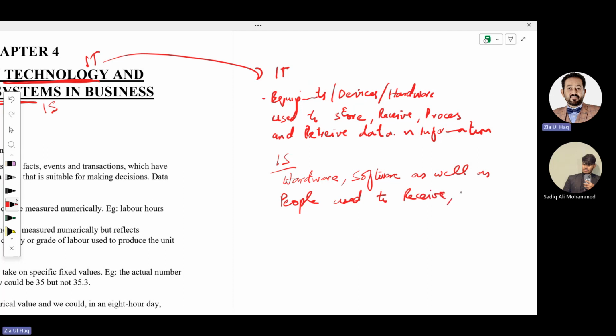After receiving, what we do, store. After storing, what we do, process and retrieve. What? Data and information.